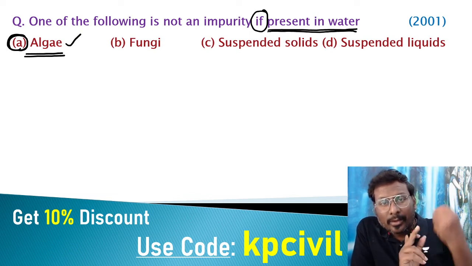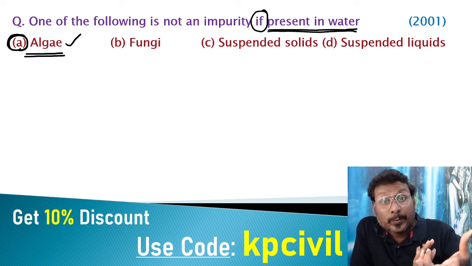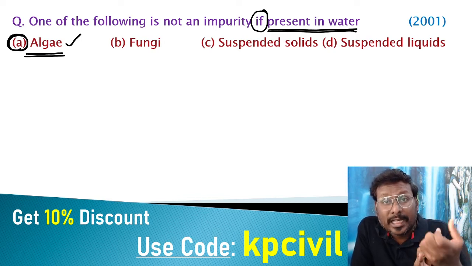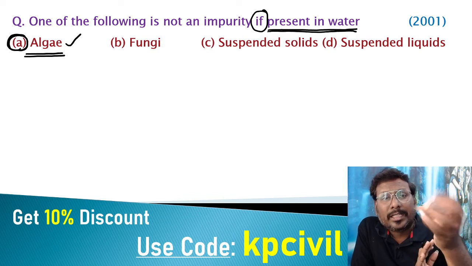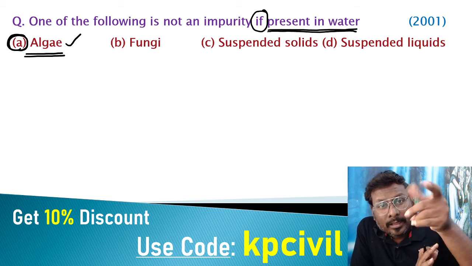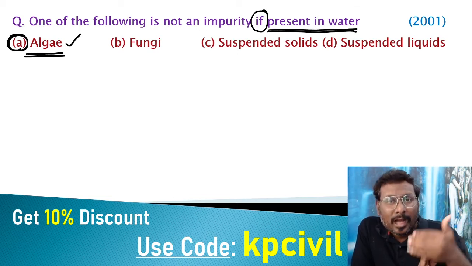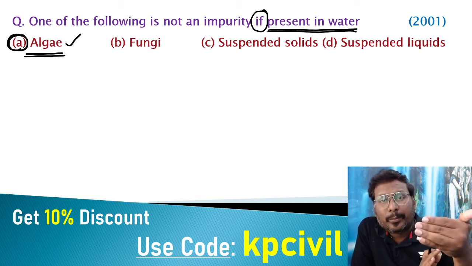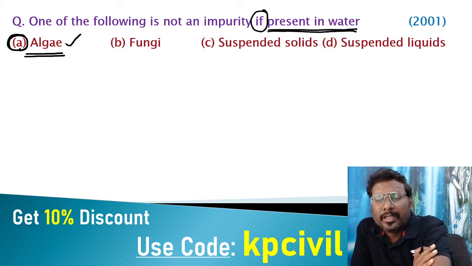Fungi are mostly absent in water. Suspended solids are an impurity, causing turbidity. Then suspended liquids, oil and grease, cause so much impurity that total water quality is disturbed. So the impurity which is present but does not cause anything is not an impurity. Algae does not disturb the water. That is algae.